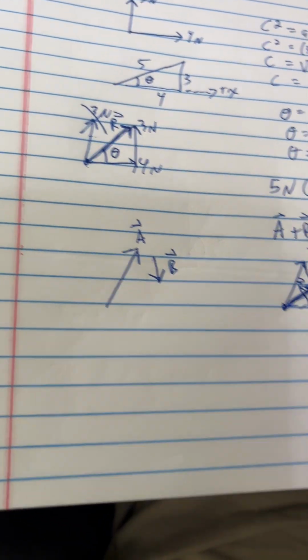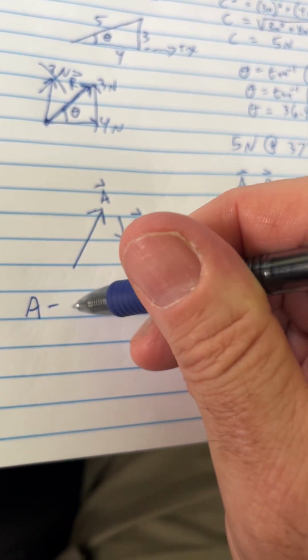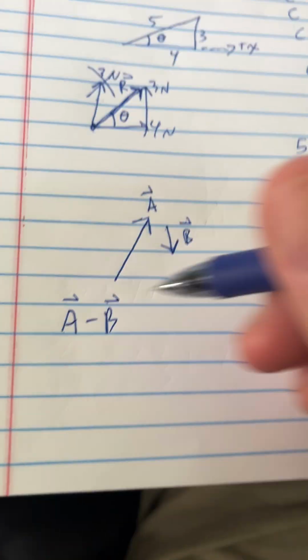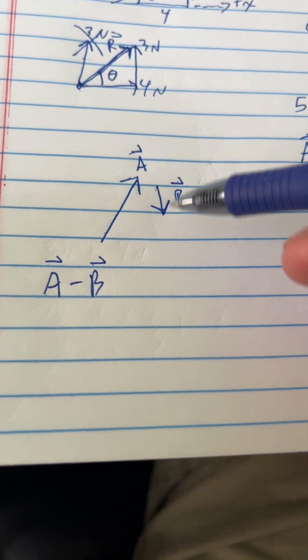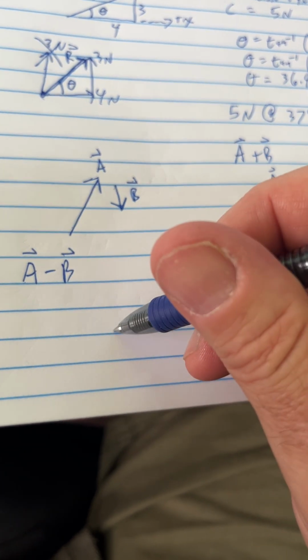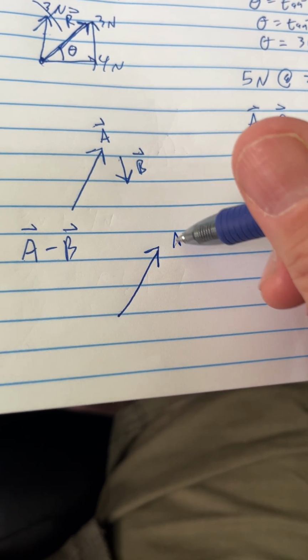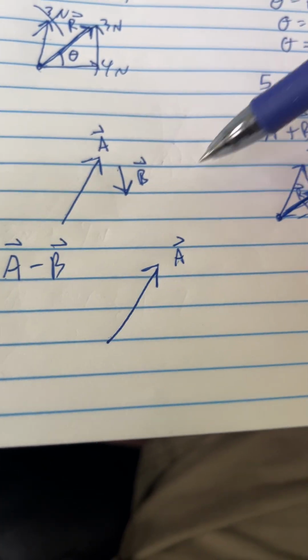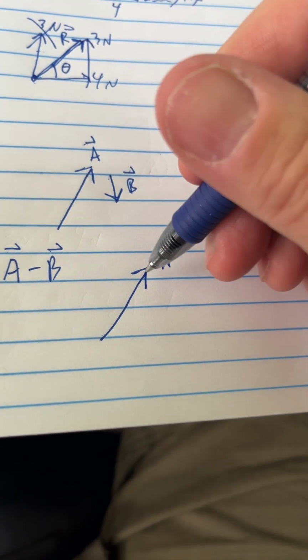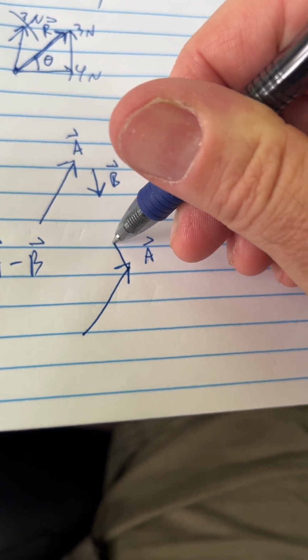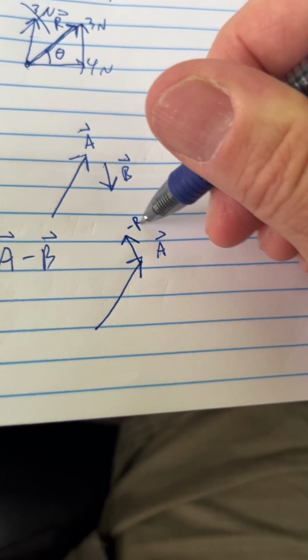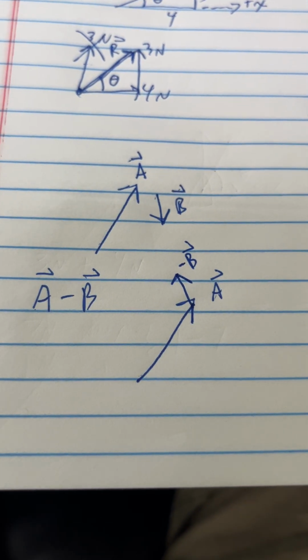What if it was A minus B? Well, if I have A minus B, that just means flip the direction of B. So I would draw in my A vector again. There's my A vector. But now I'm going to draw B going in the opposite direction. So negative B looks something like that.